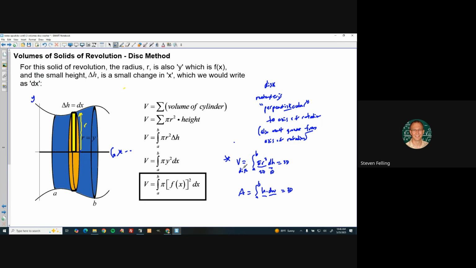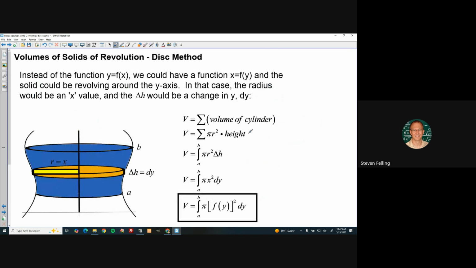The integral for the volume is an integral from a to b of pi r squared times a little change in the integration axis. Now that could be that we're rotating around the y-axis. If we're taking a two-dimensional area like this one over here and rotating it around the y-axis, that means the rectangle is going to grow perpendicular to that, and it's going to rotate around.